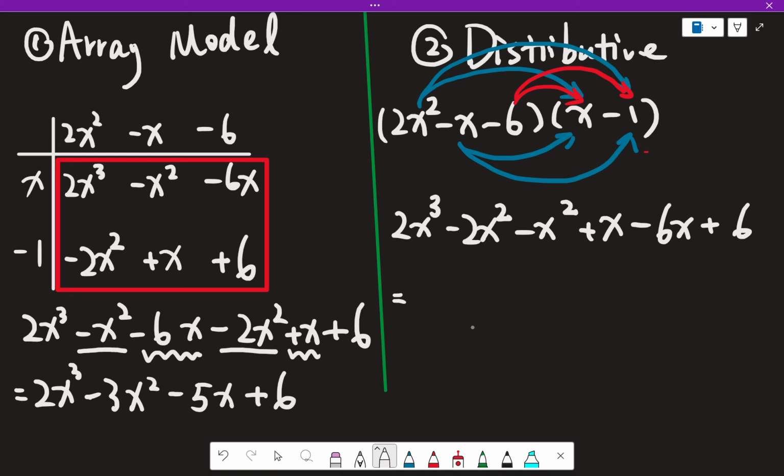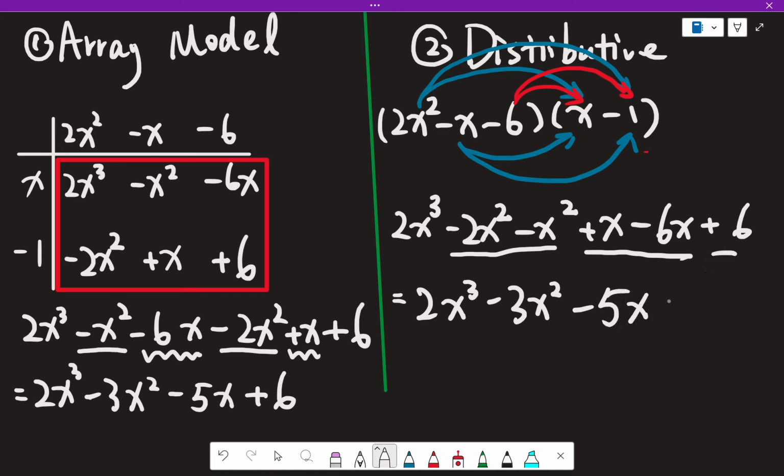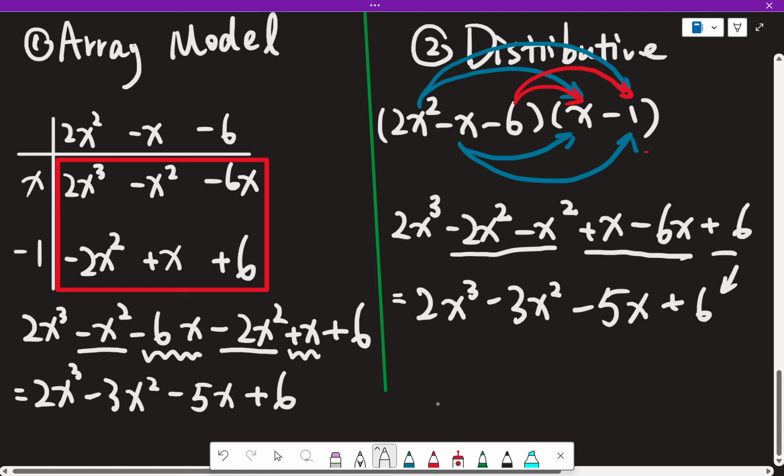So next, by combining like terms, we will have 2x cubed, because there's no other like terms for this cubic term, and we can combine these two terms right here. We will have negative 3x squared, and we can combine these two terms right here. We will get negative 5x, and this constant term we just copied down because there's no other constant terms.